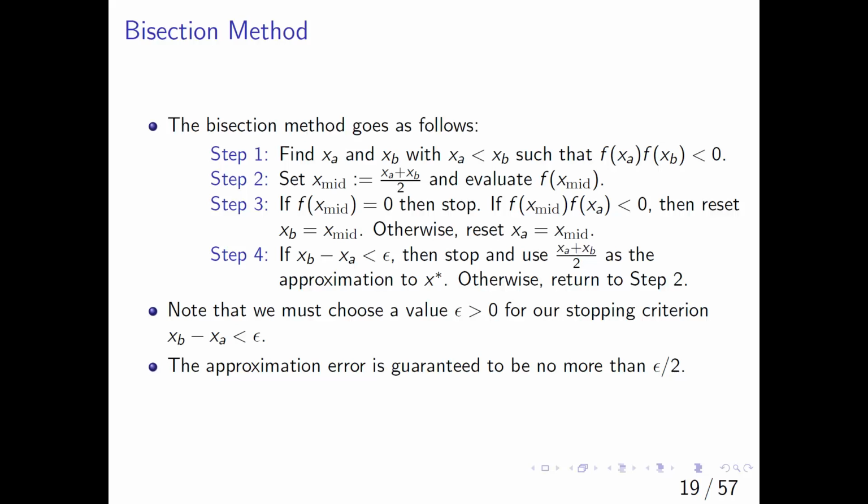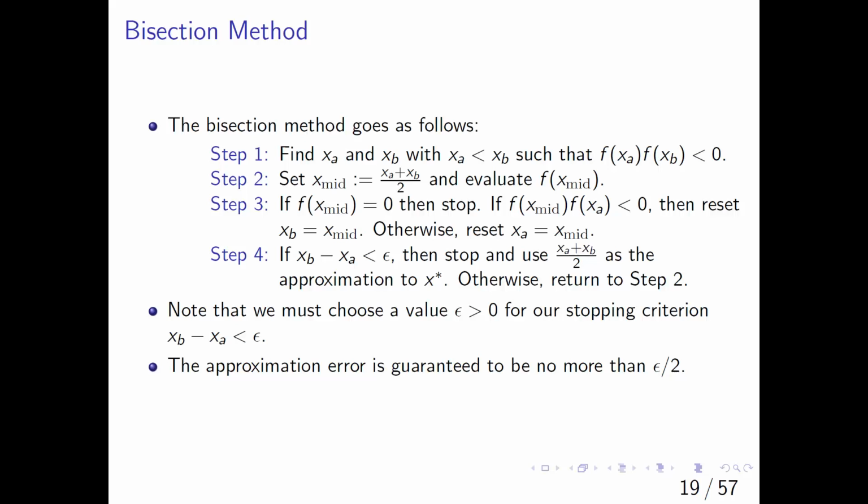Otherwise, we go back to step 2 and continue to refine the range. Note that here we must choose a threshold beforehand for our stopping criteria. That means the tolerance of your accuracy, the tolerance of the error.